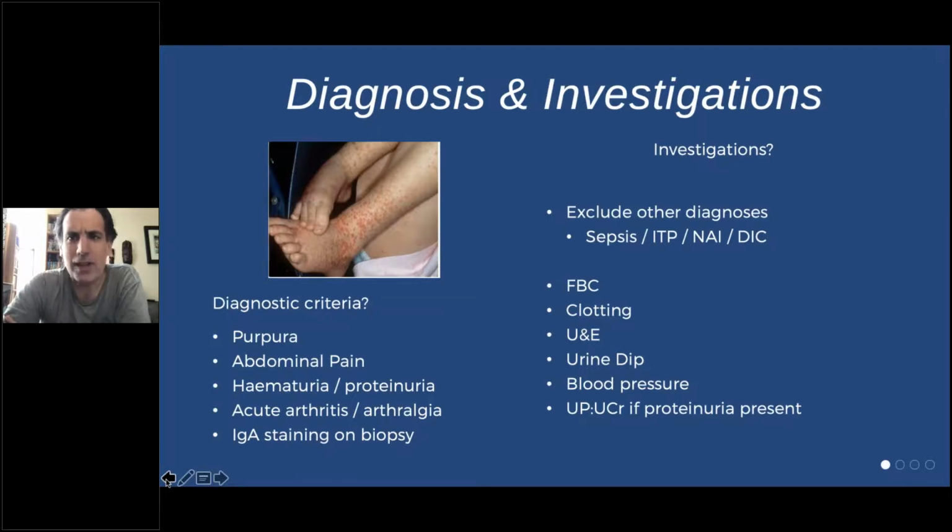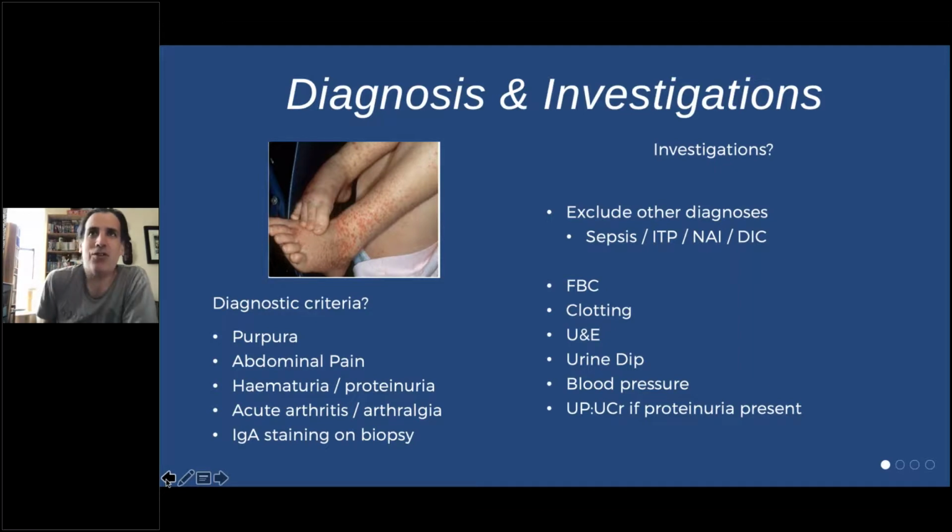I wouldn't do anything initially, unless there was something in the history or in the blood results leading me this way. This is basically a clinical diagnosis, HSP. Unless there's something glaringly obvious in the initial results, the full blood count should be normal.